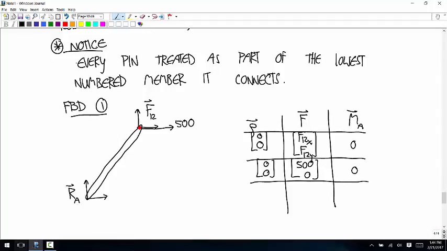And then RA, row vector, that has a length of 1. And this angle is 60 degrees. So you can think of this one as 240. So 1 times cosine and sine of 240 gives you negative 0.5, negative 0.866.